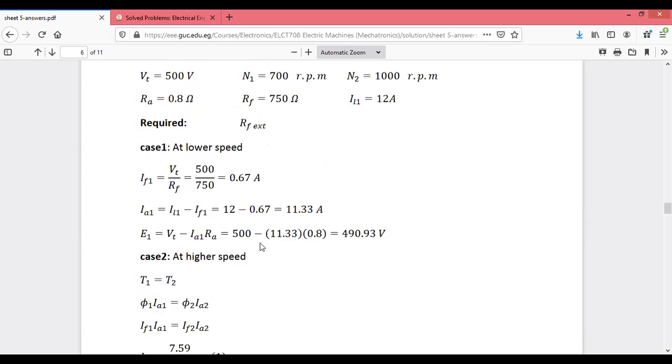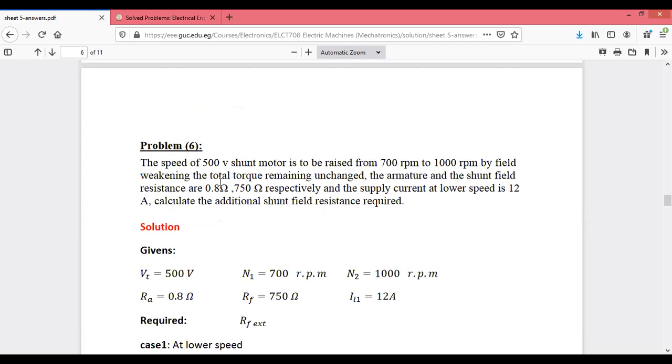I will explain. So here, what they have given is the speed at 500 volt, which is nothing but the terminal voltage, or you can take it as the supply voltage VS or VT, 500 volt, and it is to be raised from 700 rpm to 1000. You can take N1 as 700, so your N2 will become 1000 by field weakening.